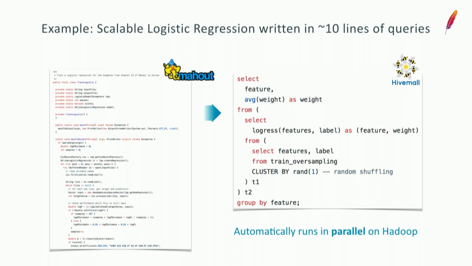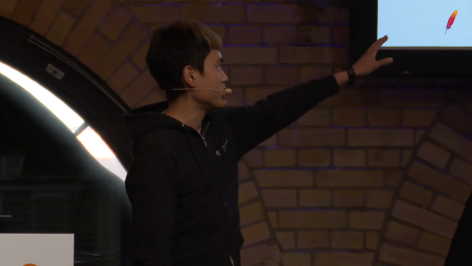In the case of Hivemall, everything is already bundled internally. The only thing you have to call is the train logistic regression function as part of your entire SQL. It is completed by 10 lines of SQL statements. And of course, it runs in parallel.